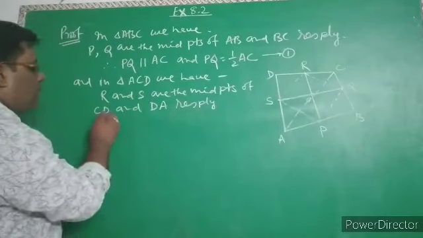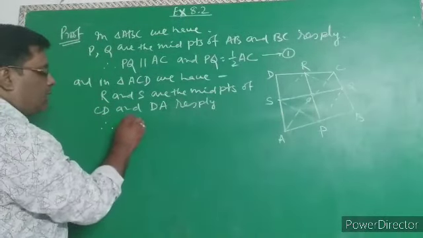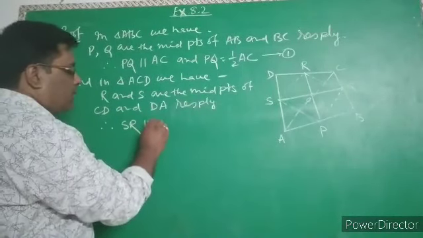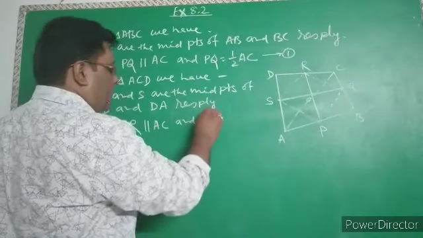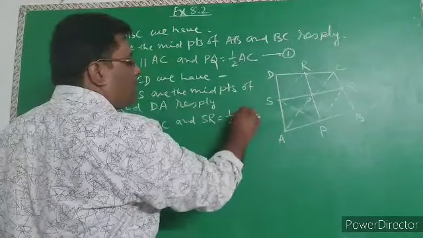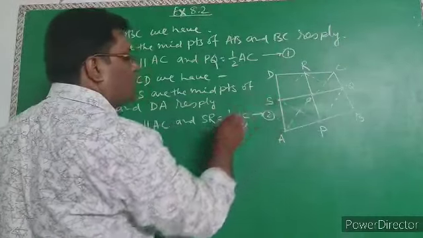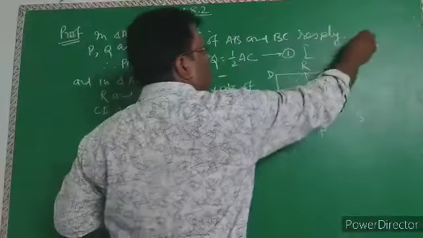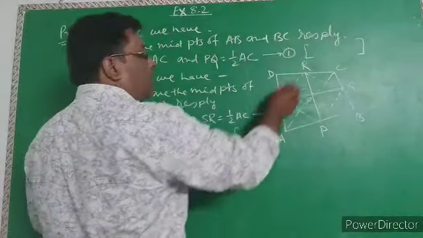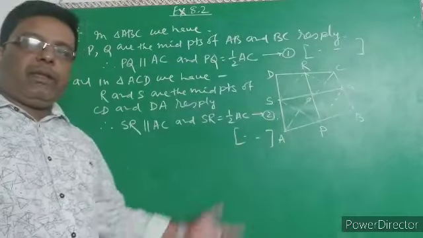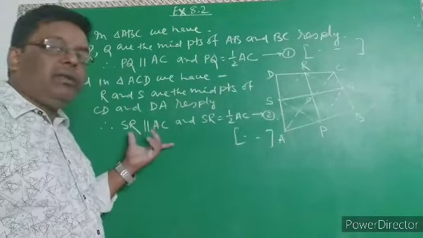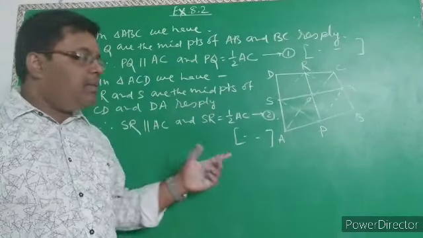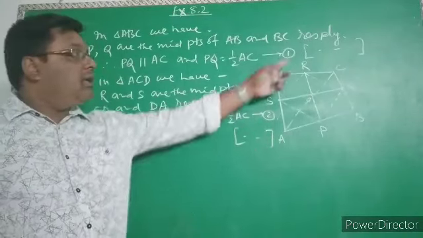So same, therefore SR, or you can write RS also, is parallel to AC and SR is equal to half of AC. Number 2. So you can write the results also. Here, why is it equal? Write the theorem, that is the property, because the line segment joining the midpoints of any two sides of a triangle is parallel to the third side and half in measure. So you can write the reasons here.